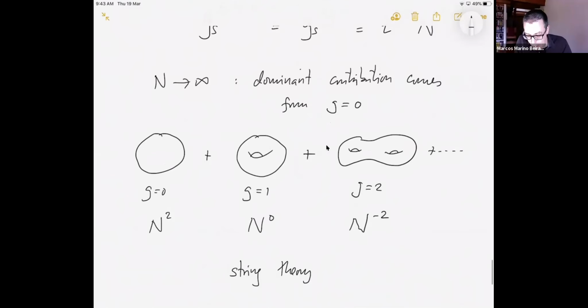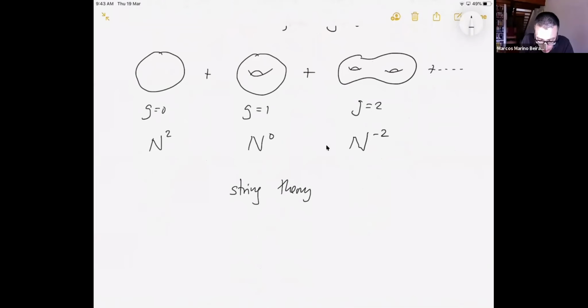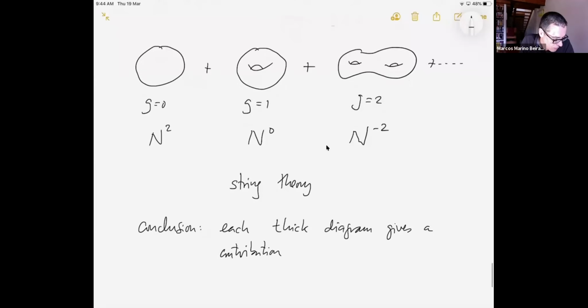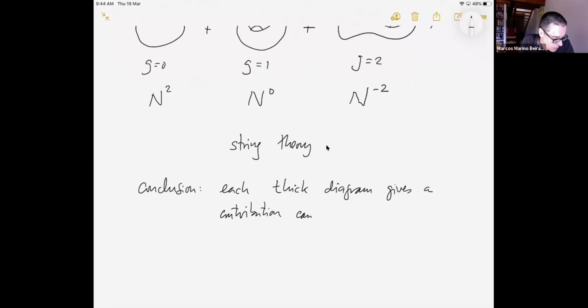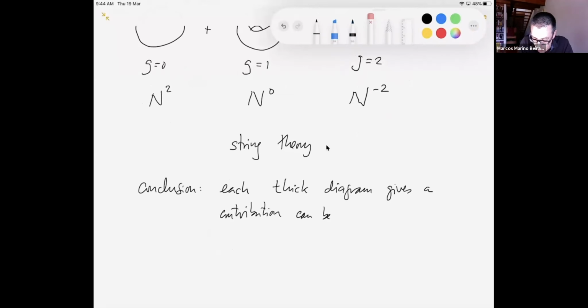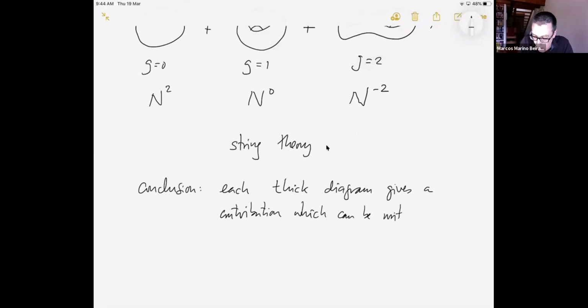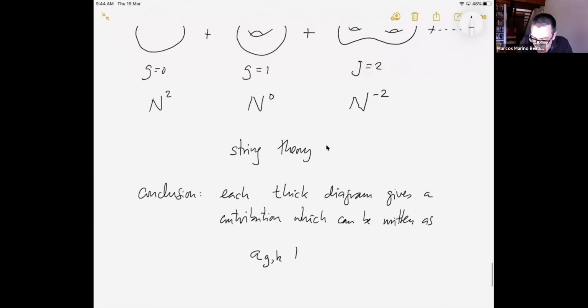But in more down to earth terms, the conclusion of this analysis is that each thick diagram gives a contribution which can be written as follows, as a certain number, which I'm going to write like A_GH, and then you remember that you have here n to the h, okay?